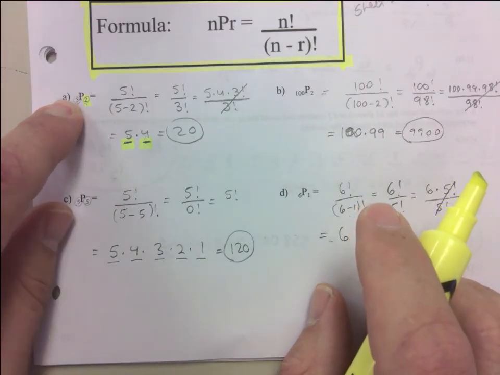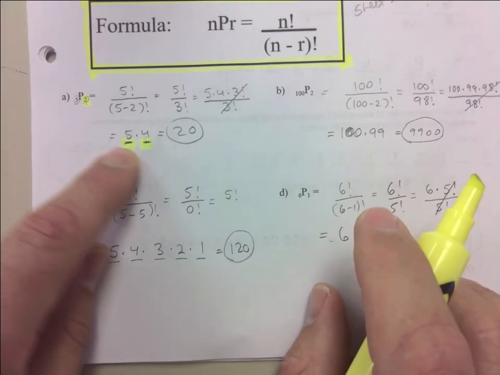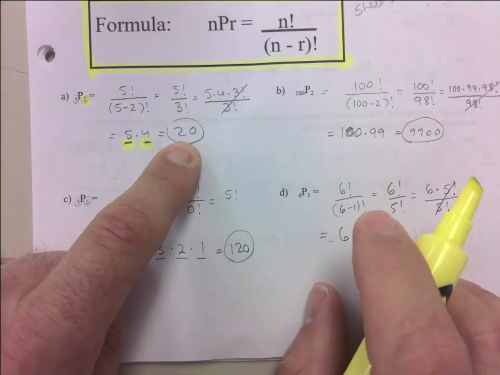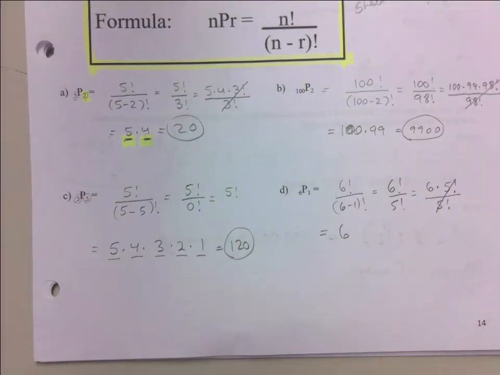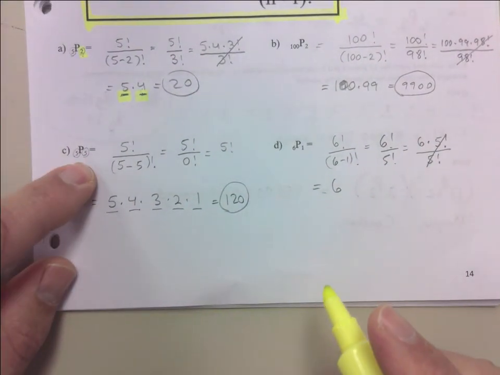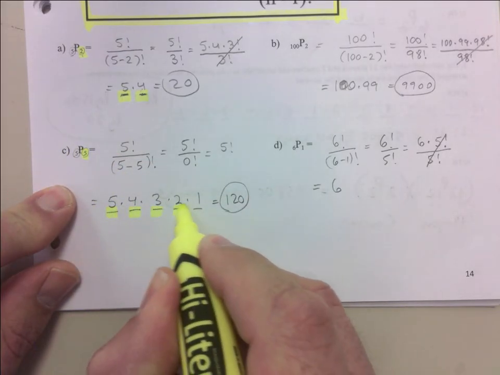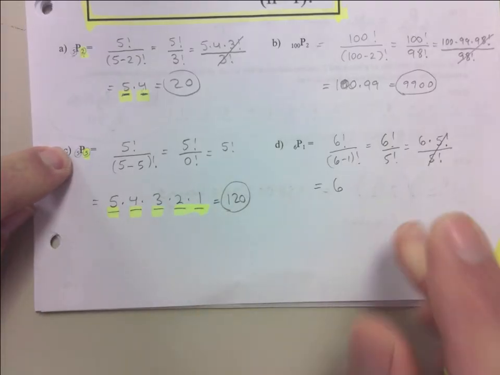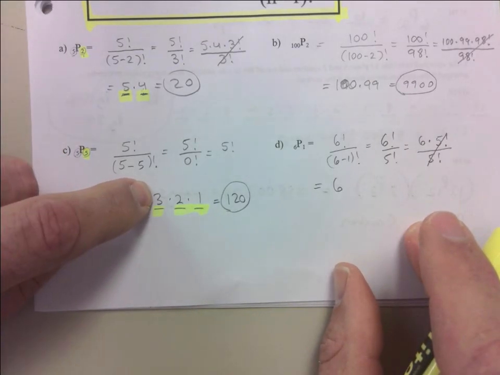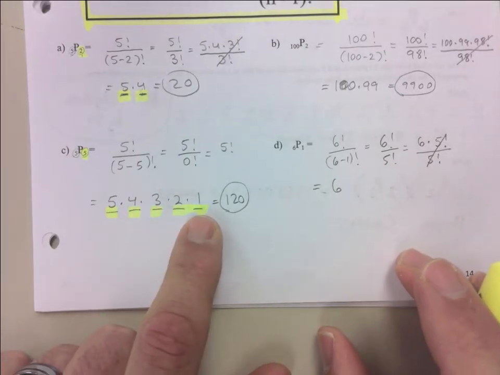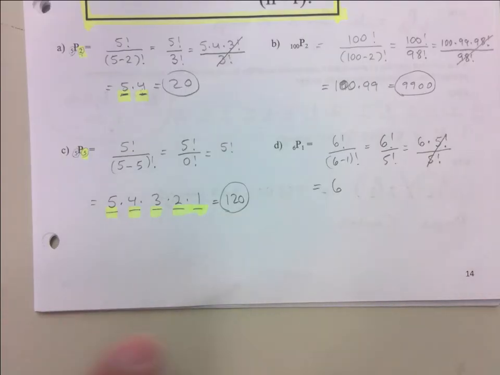So if you have 5 pick 2, that means you're going to start with 5 and multiply it by 1 less than 5. That is your answer, okay? If you have 5 pick 5, there are 5 slots to fill in, so you start with 5 and write it all the way out like that: 5, 4, 3, 2, 1.